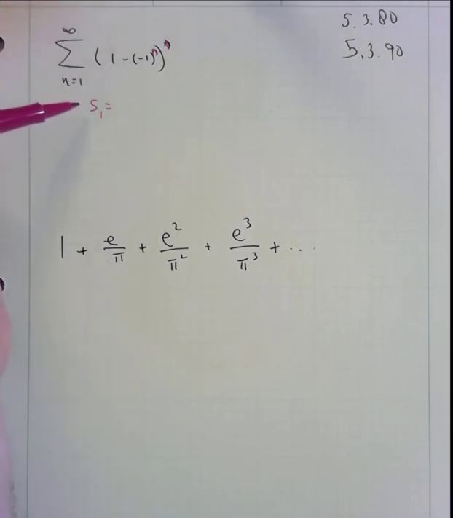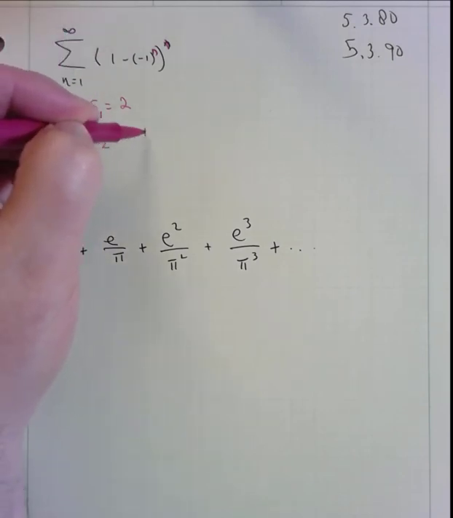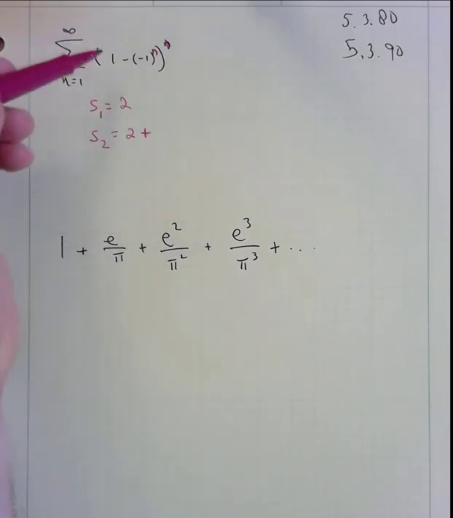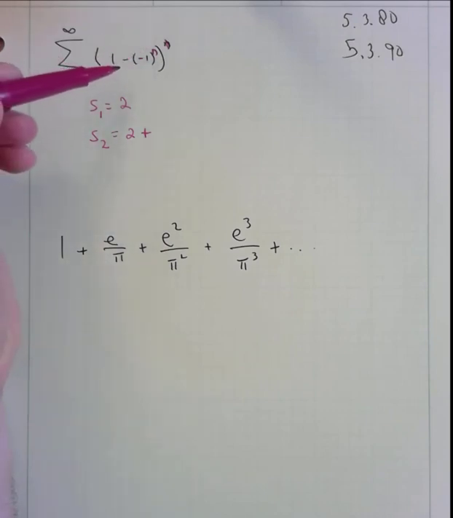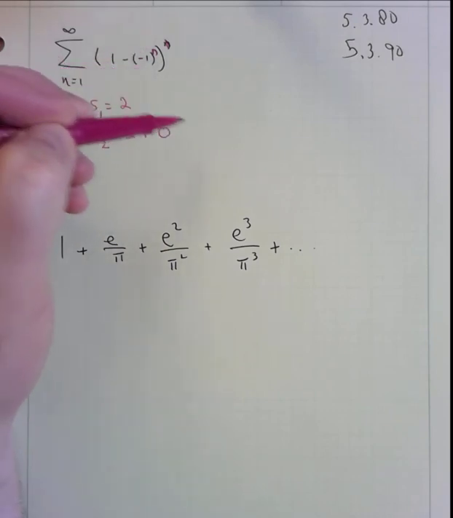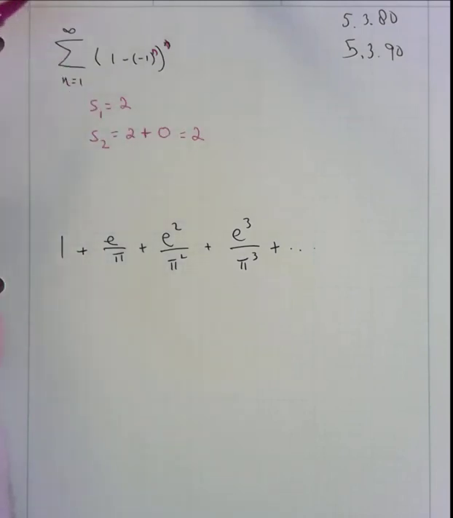So the first partial sum is just the first value of this series. When n is 1, the value of this series recipe is 1 minus negative 1 to the first. 1 minus negative 1 is 2. Right? And then the second partial sum is the sum of the first two terms, which is that 2 plus whatever comes next, which is 1 minus negative 1 squared, or 1 minus 1, which is 0, so the sum is 2.